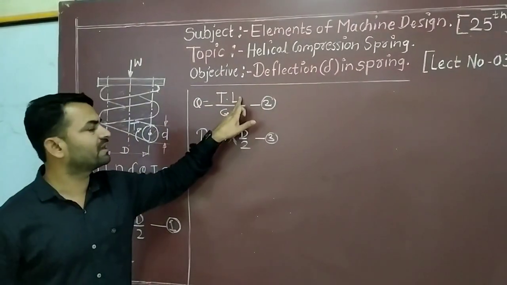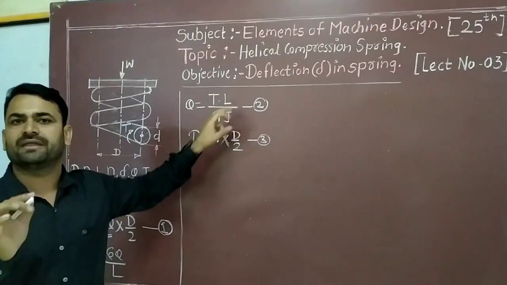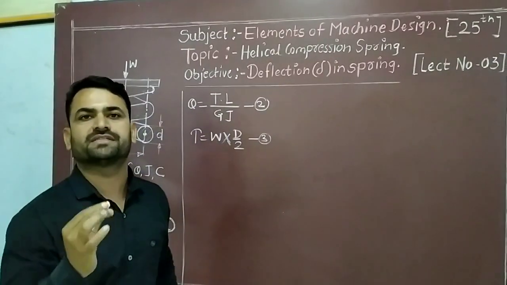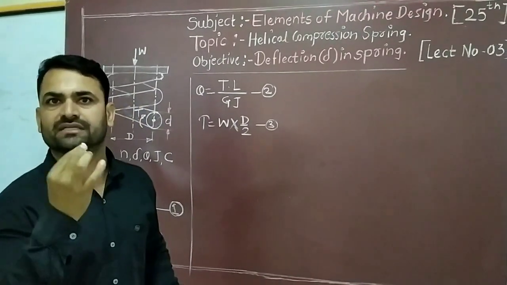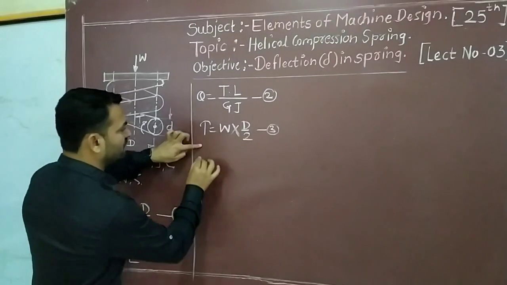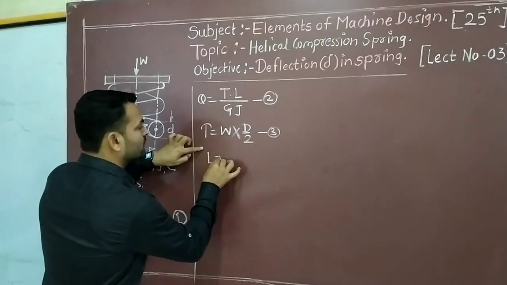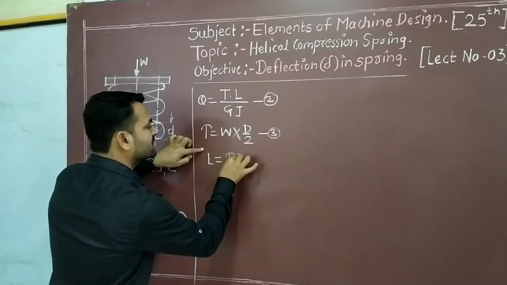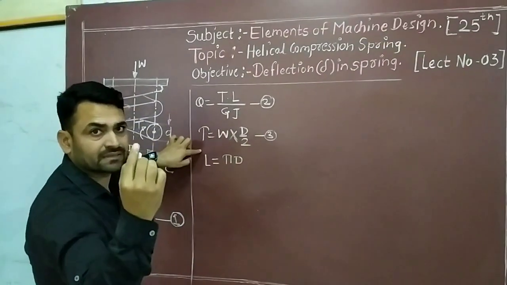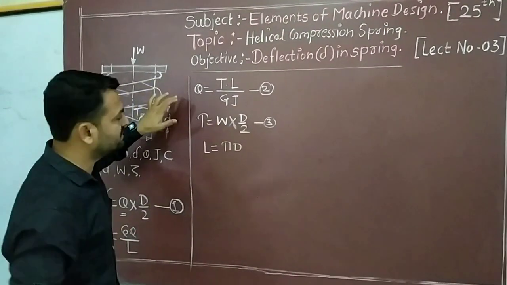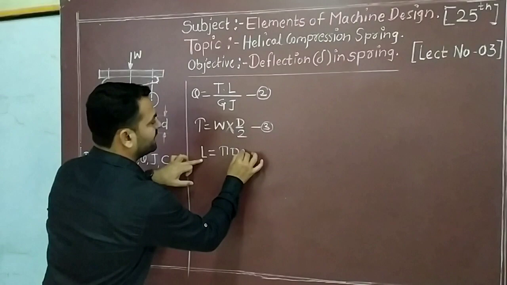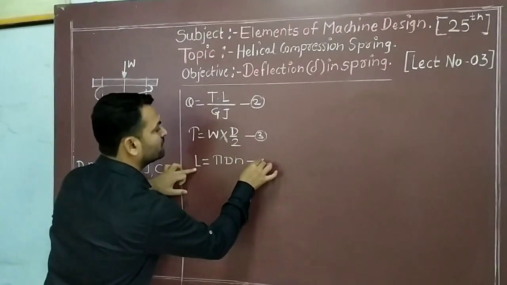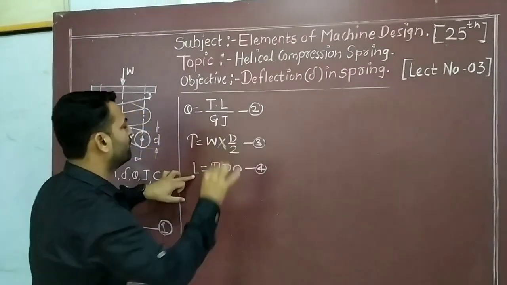Again here we require the length of the spring. The spring is a helical compression spring and one turn is a circular turn. So the length of one turn will be equal to pi D, the circumference of one turn, but we have N number of turns. So length will be equal to pi D into N. This is equation number 4.